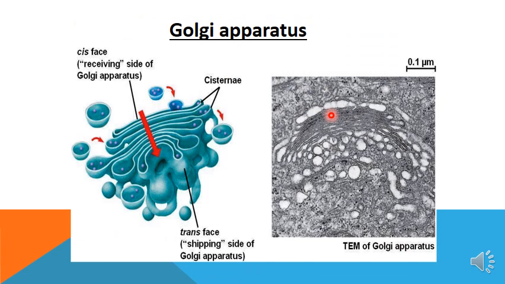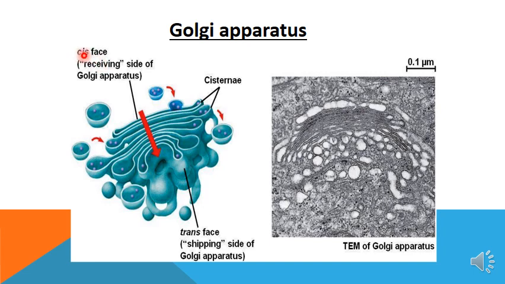The Golgi apparatus is also a membranous organelle. It is concerned with protein secretion. It is formed of a convex surface, which is called the cis face, because it receives the protein from the cisternae of the RER.